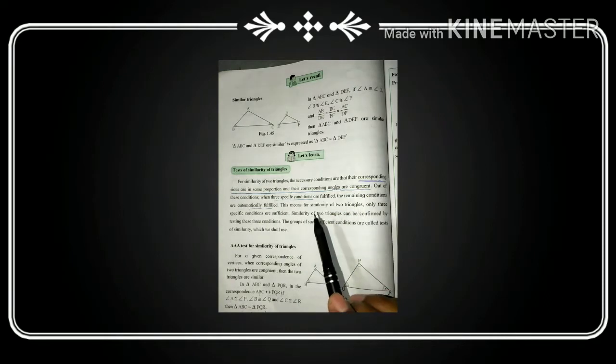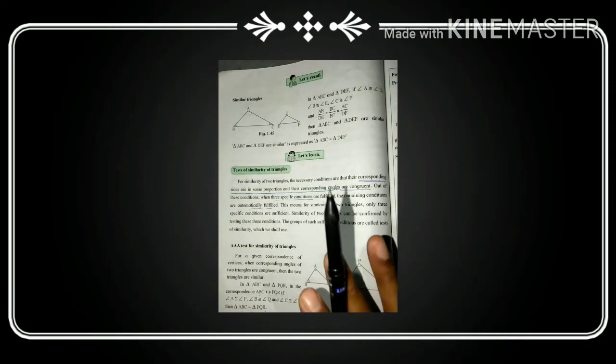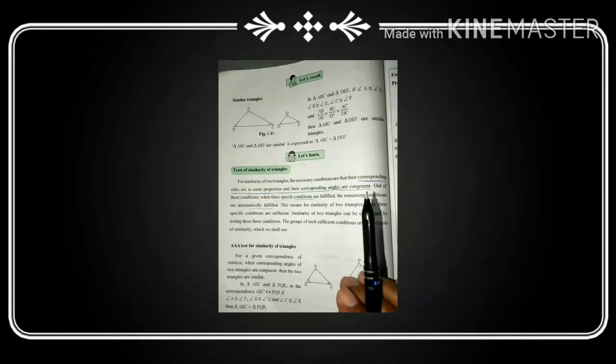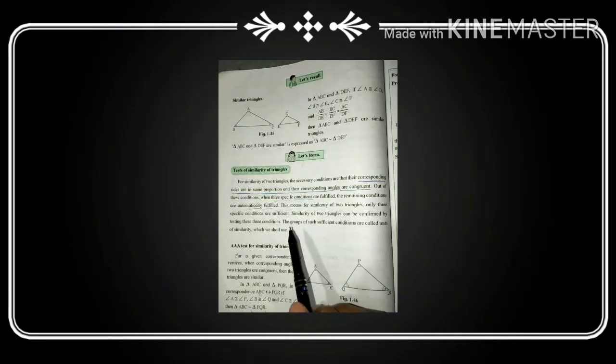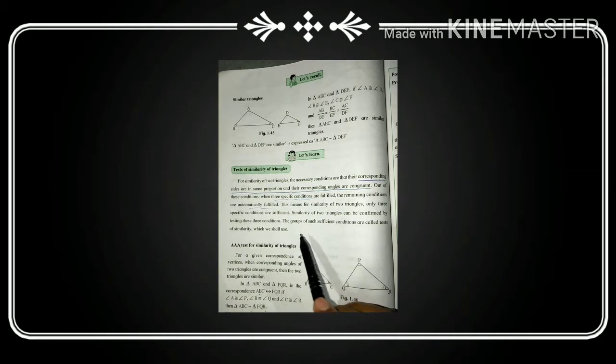Out of these conditions, when three specific conditions are fulfilled, the remaining conditions are automatically fulfilled, and hence for the similarity of two triangles, only three specific conditions are sufficient. The similarity of two triangles can be confirmed by testing these three conditions. The group of such sufficient conditions is called a test of similarity.